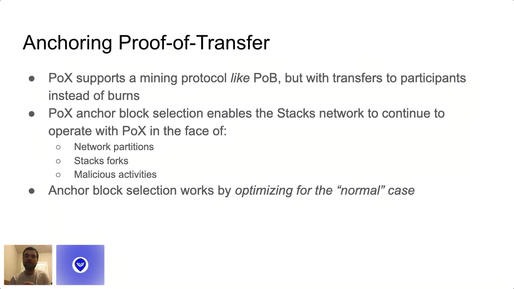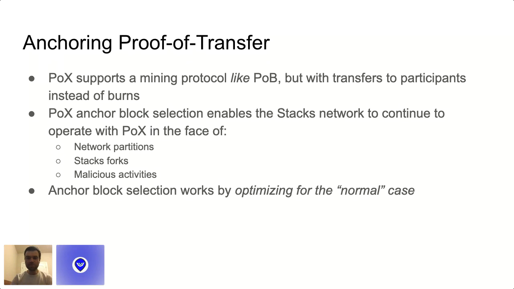In order to mine Stacks, all you need is Bitcoin. So in a proof of burn mining situation, you would have that Bitcoin and you would burn it. In a proof of transfer situation, you use the reward set to determine where to send your Bitcoin in order to participate as a miner. So yeah, to participate as a miner, you don't need to be holding Stacks, you just need Bitcoin.